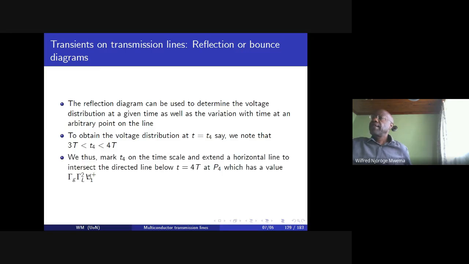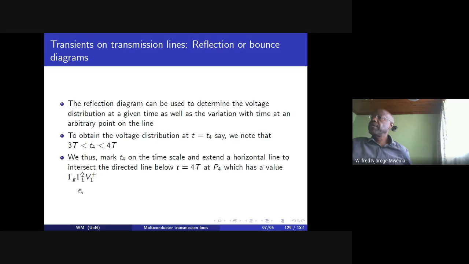We thus mark t4 on the time scale and extend it in a horizontal line to intersect the directed line of the voltage wave. Below t equal to 4T, where T is L by V, at P4 we have the value gamma G, gamma L squared V1 plus.